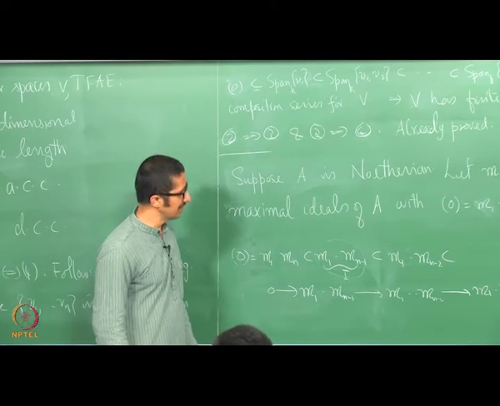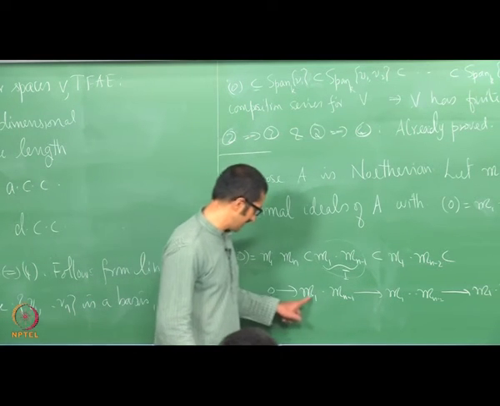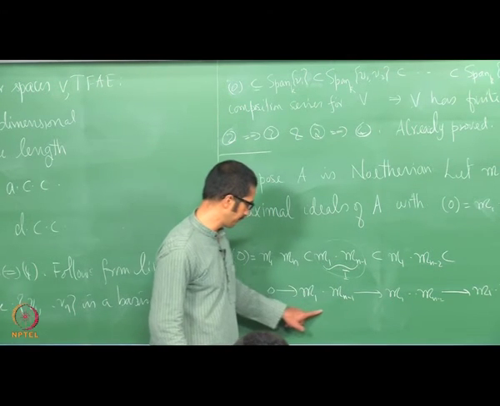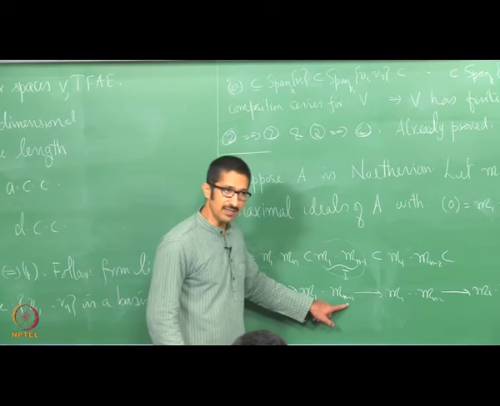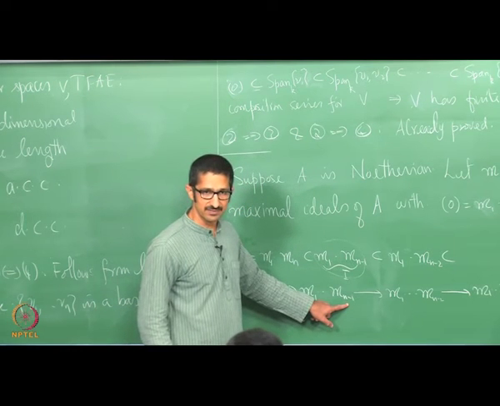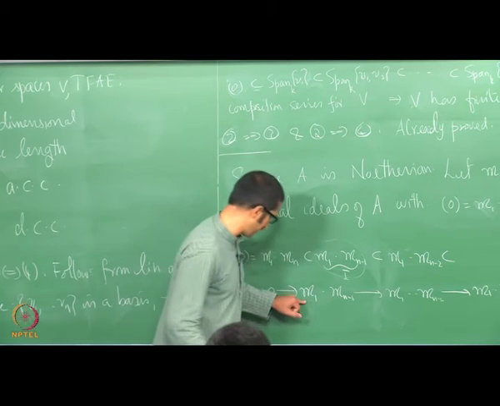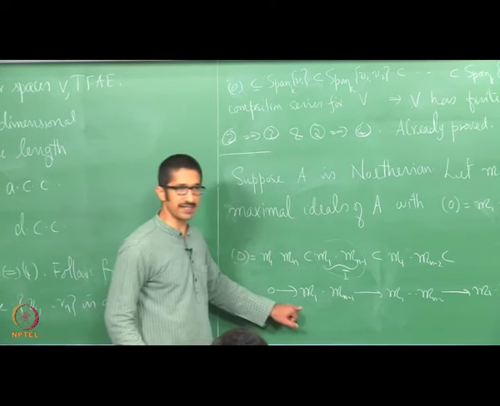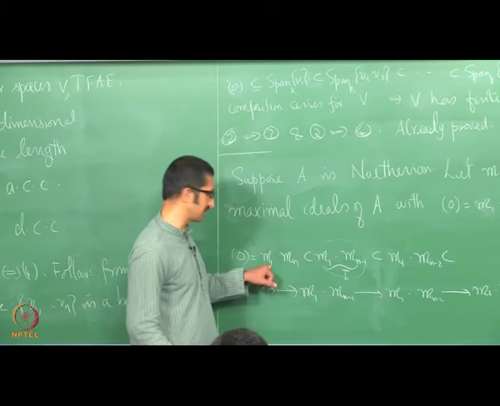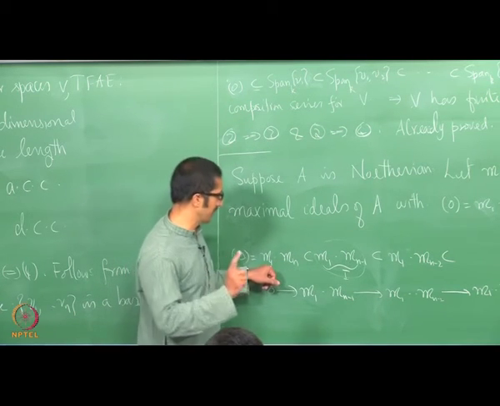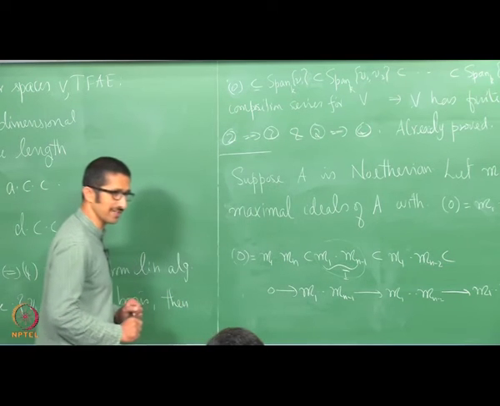We have seen that this is a module of finite length, because this modulo this is a finite dimensional vector space. So here, why is it a finite dimensional vector space?